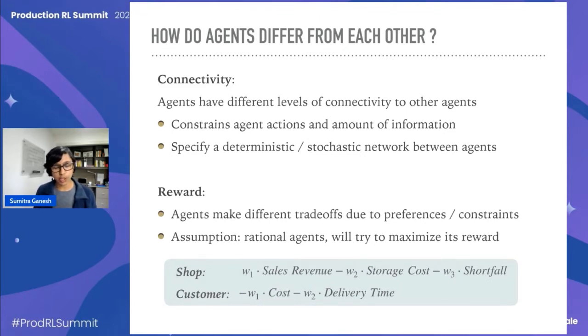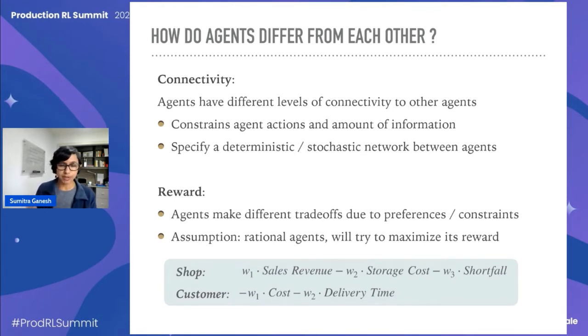To make this more concrete, let's go back to the shop and customer example from before. Let's say in the printer paper market, every shop cares about three things: maximizing sales revenue, minimizing storage cost, and minimizing the shortfall between their inventory and demand. Now, while every shop might care about these three terms, they might care about it to varying degrees.